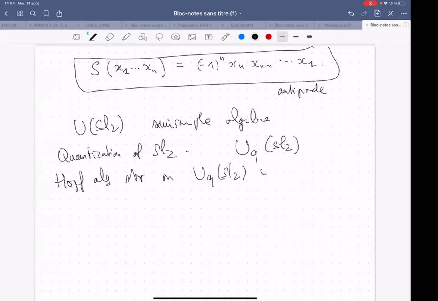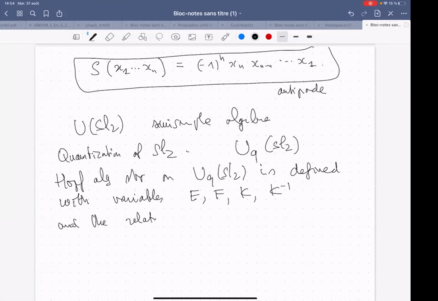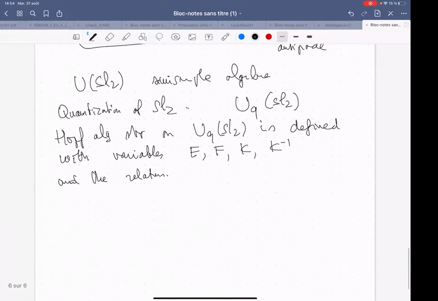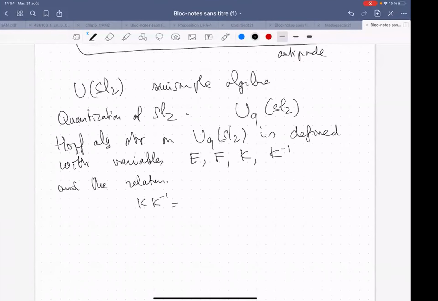U_q(sl2) is defined with 4 generators, variables E, F, K, K inverse, and the relations: K inverse K equals K K inverse, and this is 1.